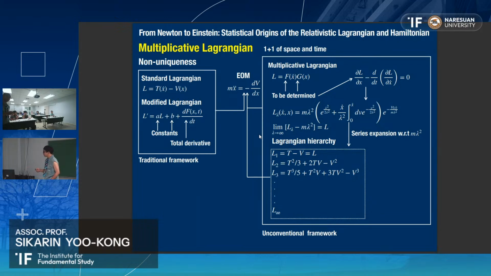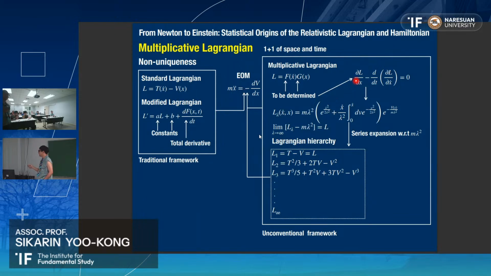In order to determine f and g, we put it back into the Euler-Lagrange equation, and I would say we do reverse engineering to get the form of L. We also put the constraint that once we put this L into the Euler-Lagrange equation, it is going to produce this equation of motion.